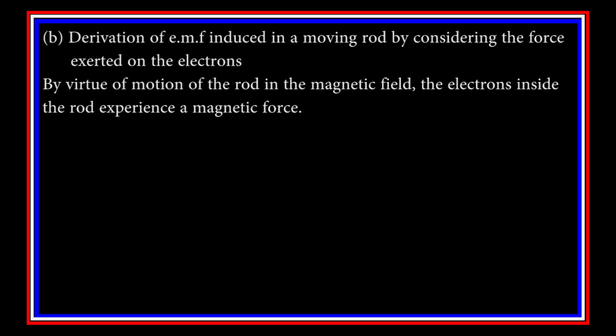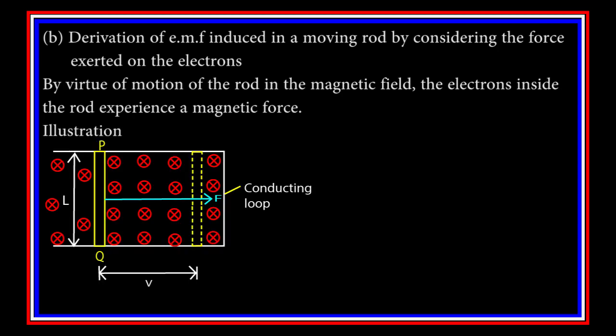B. Derivation of e.m.f induced in a moving rod by considering the force exerted on the electrons. By virtue of motion of the rod in the magnetic field, the electrons inside the rod experience a magnetic force. Illustration.